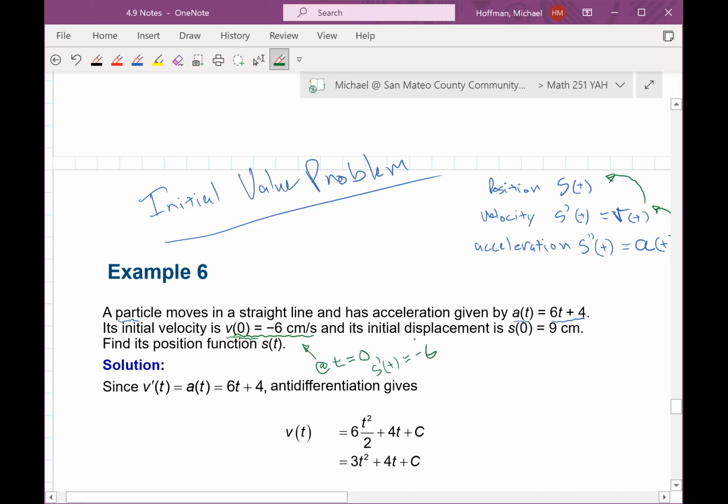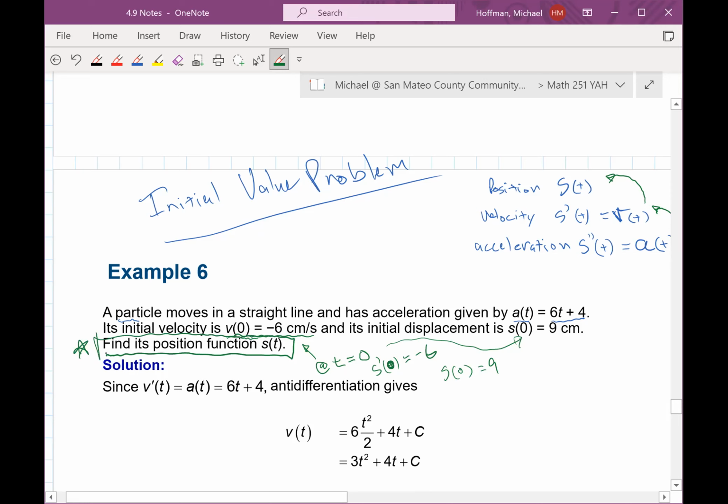Also at t equals 0, s of 0, the initial position, is 9 centimeters. So now I have two initial values. And what are we trying to find? That position function s of t.